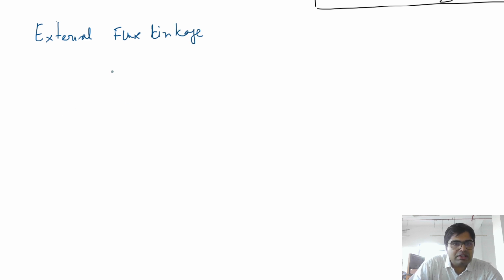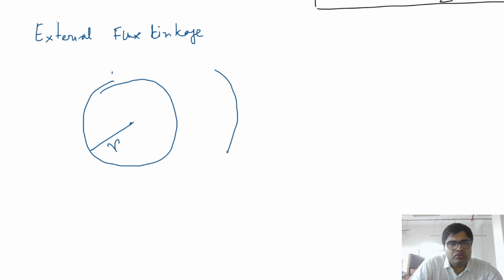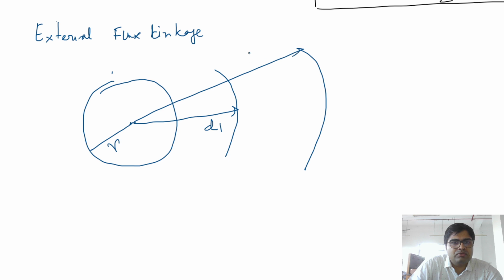So let me consider this is the conductor having the same radius r. Now we will consider two planes situated at a distance d1 from the center and d2 from the center.